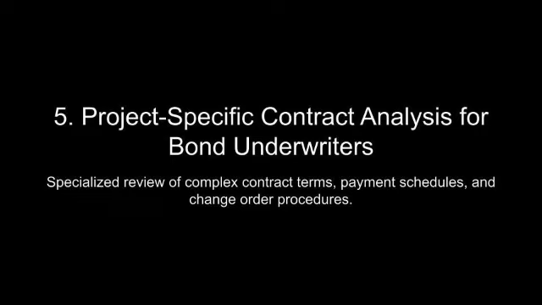This process involves reviewing financial statements, credit reports, and references to ensure that subcontractors have the capacity to fulfill their obligations. Additionally, underwriters should encourage primary contractors to establish contingency plans for managing subcontractor defaults, such as maintaining a pool of pre-approved replacement subcontractors or securing additional insurance coverage for specific risks.